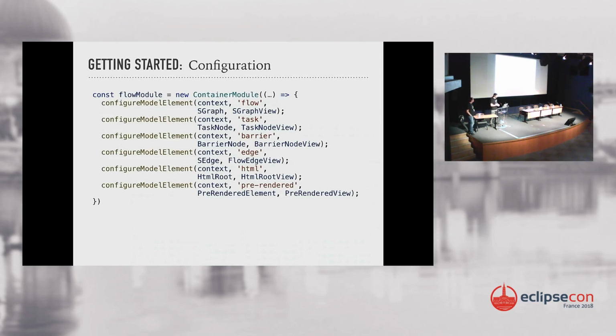In this example, it's shortened to the main configuration, which means to assign specific model classes and view classes to every kind of element in our diagram, like a flow, a task, a barrier, and so on. All that is then bundled together into a dependency injection container. That is the concept used in this dependency injection framework.